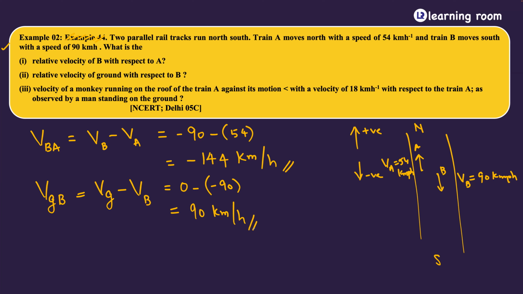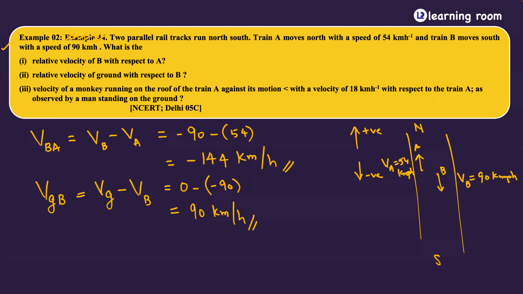Velocity of monkey. This is actually a textbook question only. Velocity of monkey running on the roof of train A against its motion with a velocity of 18 km per hour with respect to train A as observed by a man standing on the ground. So they want us to find the absolute velocity of the monkey. There is a monkey which is running on the top of train A in the direction opposite to the motion of train A, meaning it is running in the south direction.